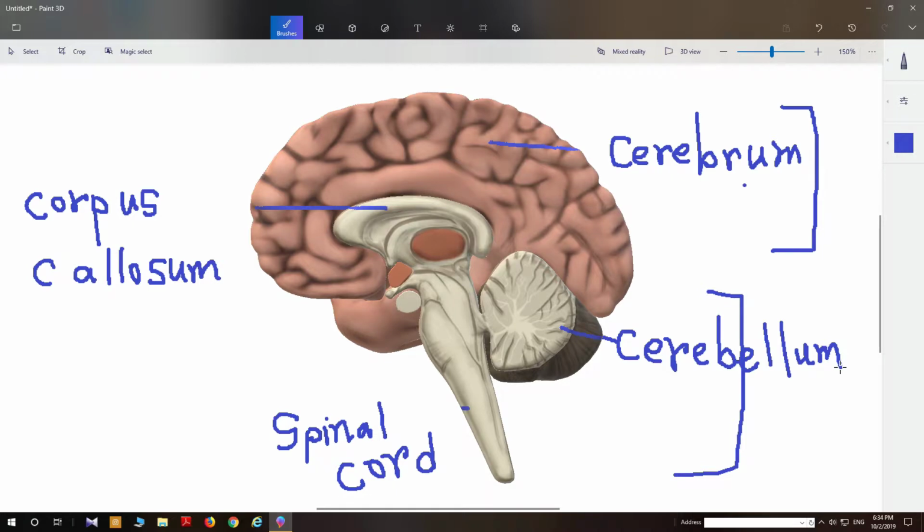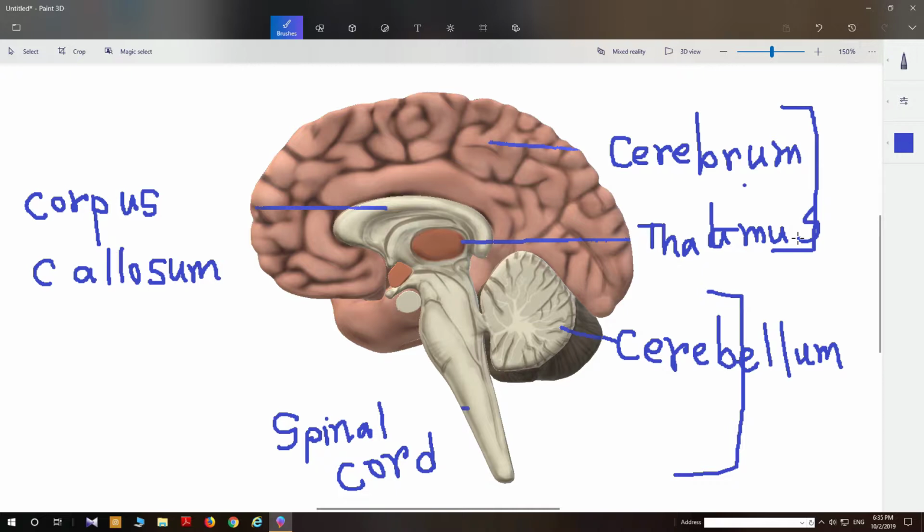All right, and here is the thalamus. This part is thalamus. Oh my god, it's very difficult to write, guys. It takes time. So, thalamus.